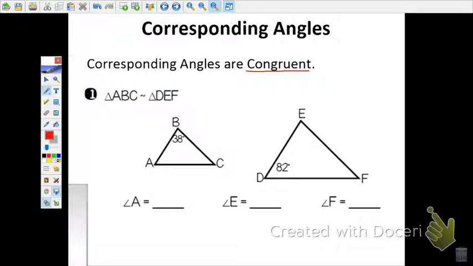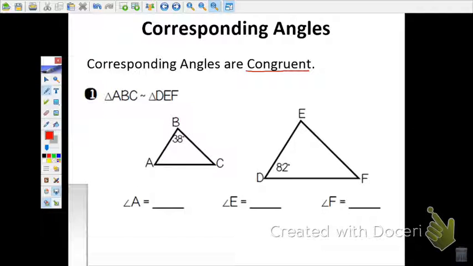Because no matter how big or small the triangle is, those angles are always going to add up to 180. The angle size does not change if you shrink or enlarge a polygon.